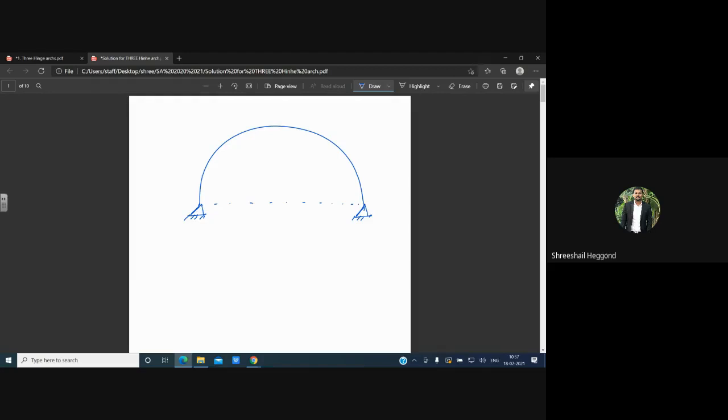This is 24 meter. This will be another hinge, that is because we need 3 hinges. This is B and this is C. And the UDL is acting on the arc with 10 kilonewtons.